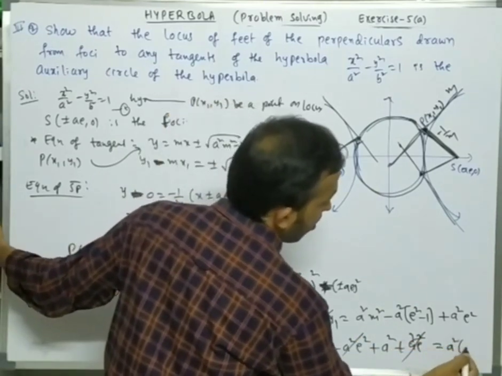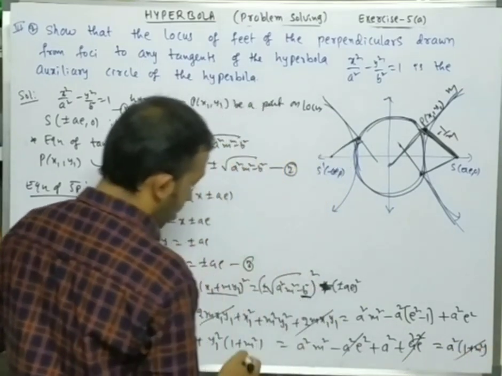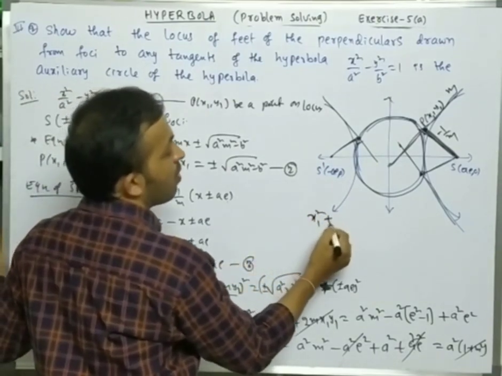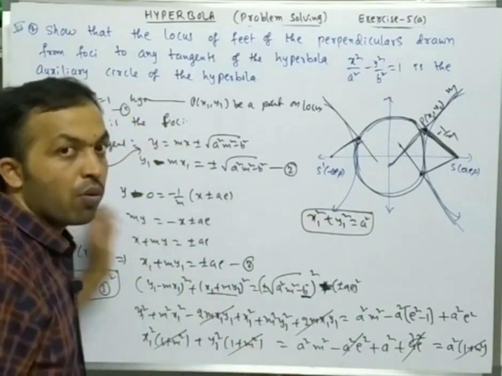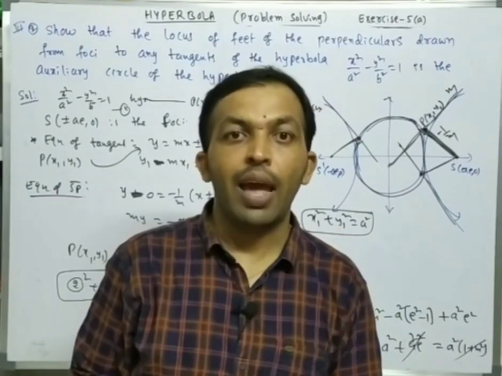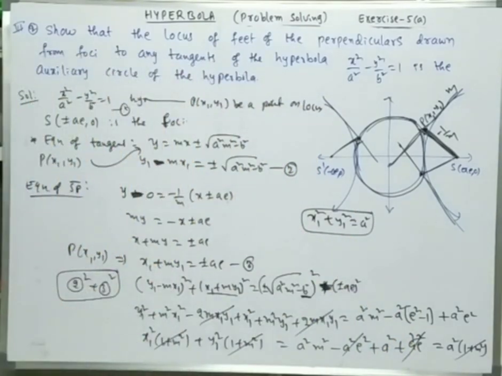Here a square common, 1 plus m square remaining, right hand side also. So all the 1 plus m squares cancel. Finally what is remaining? x1 square plus y1 square is equal to a square. So therefore the locus is x square plus y square is equal to a square. It is an auxiliary circle. Okay, so solve this problem again.